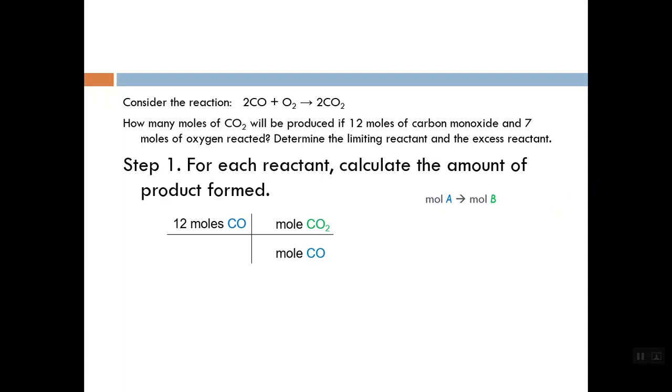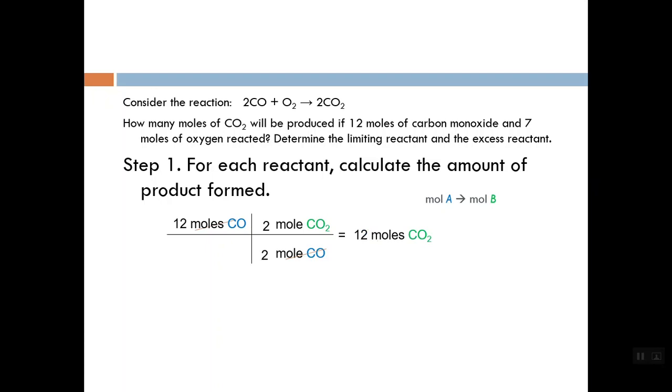It's the molar ratio, right? And where do we find the molar ratio? We're looking at the coefficients of our balanced reaction. So we have 2 to 2. 2 moles of carbon dioxide to 2 moles of carbon monoxide. Like units cancel out, multiply 12 times 2 divided by 2 is equal to 12 moles of carbon dioxide.